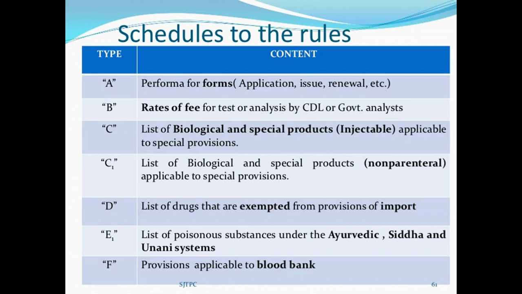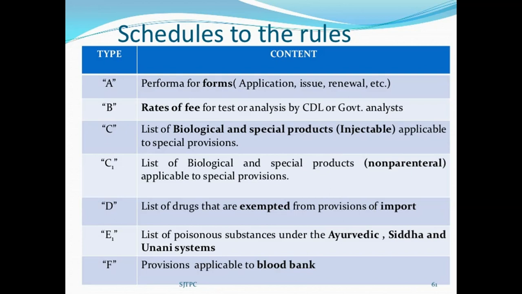What is Schedule B? If it is coming in the examination for 1 mark or like this, then you have to write down that Schedule B contains rates of fees for tests and analysis by CDL or government analyst. That means every drug, before consumption by a patient or any person, after production must be tested.